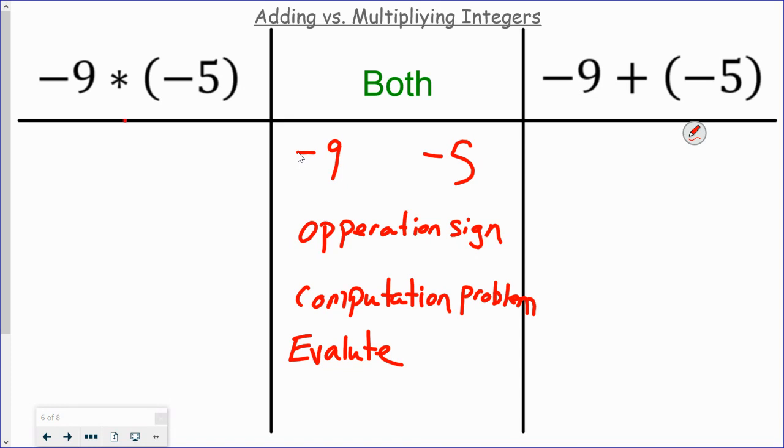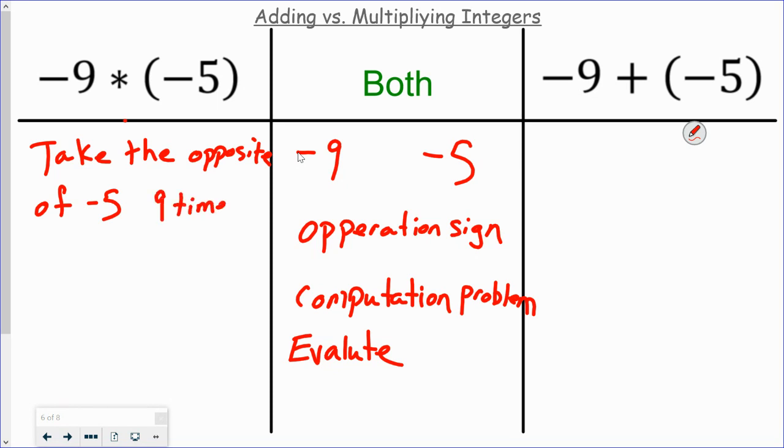Okay, what's the difference with this one? Well, this one means we need to take the opposite of -5, 9 times. So then that means we would have 5 plus signs, 2, 3, 4, 5, 9 times.